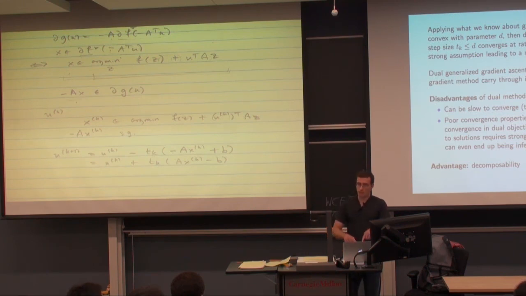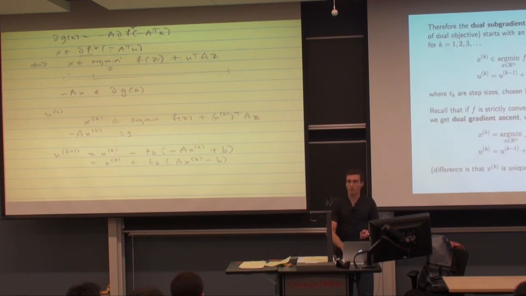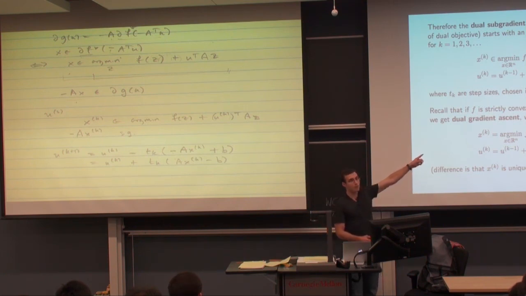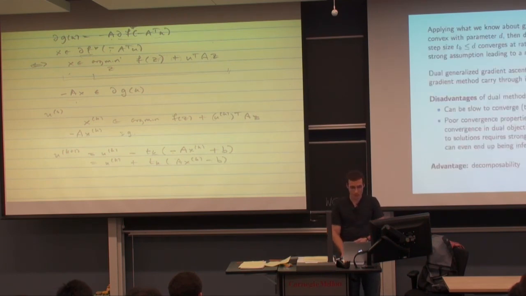And in this problem, it's actually important because I might not even end up in the limit at a point x that's primal feasible. I'm not guaranteed that u is going to converge to the dual solution. I'm guaranteed that g of u is going to converge to the dual criterion, but not that u itself will, unless I have much stronger assumptions. Which means that I don't even know that I'm doing the right update step for the primal variable. It might not even be feasible in the limit. So it doesn't have very good convergence properties.